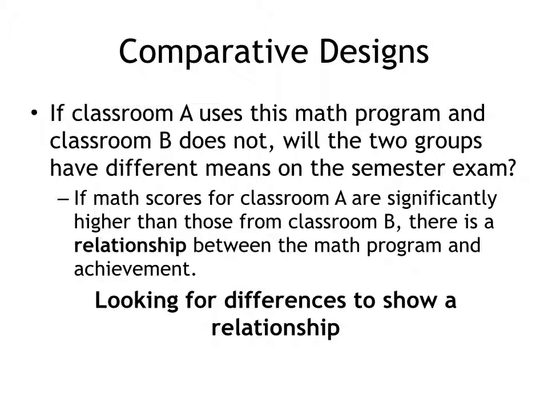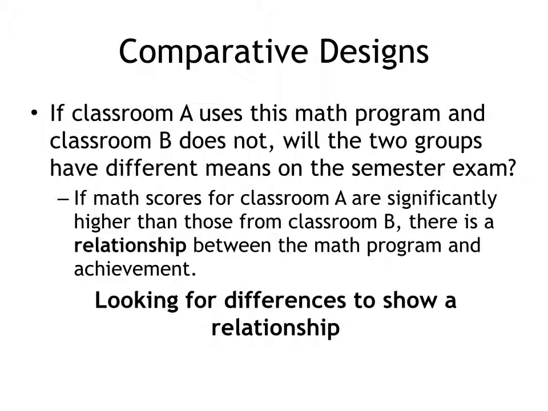You cannot say that the math intervention or this math program caused the scores to be higher. So you're looking for the differences between the groups to show a relationship between the independent variable and the dependent variable.